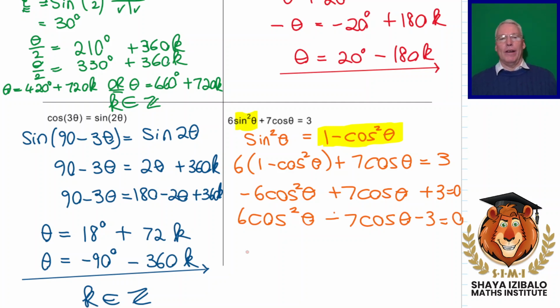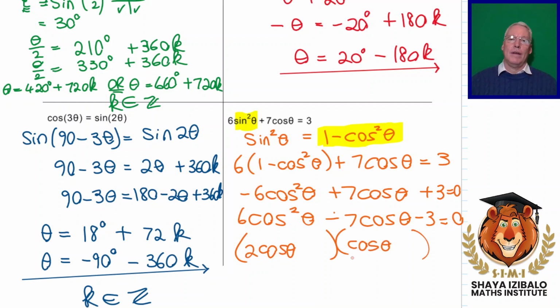And this now factorizes to 2 cos theta and cos theta, and 2 cos theta and 3 cos theta, a minus 3 here to give us negative 9, and a plus 1 here to give us plus 2, and there it is.